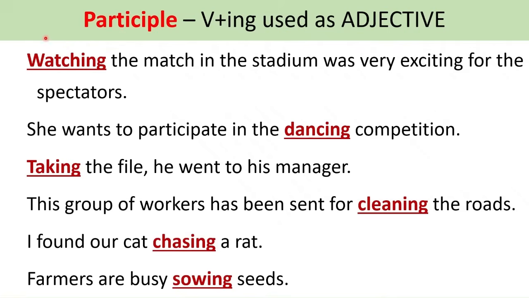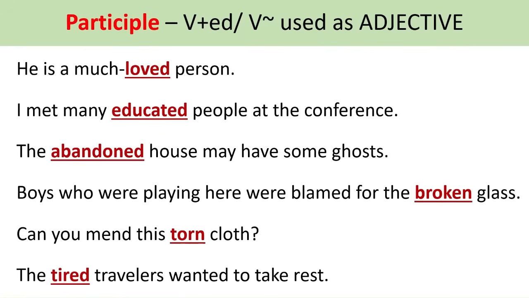Now let us see how the past participle is also used as an adjective. The past participle in a regular verb is verb plus ed, like loved, educated, abandoned, tired. These are all ed forms. Whereas broken and torn are participles.